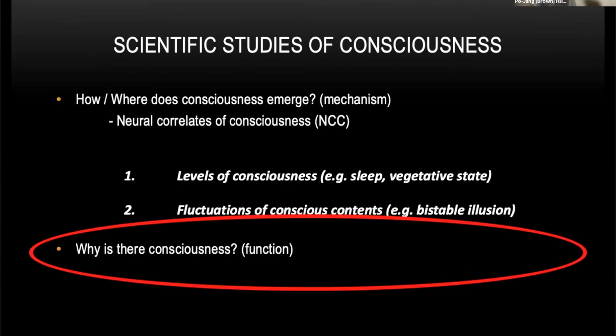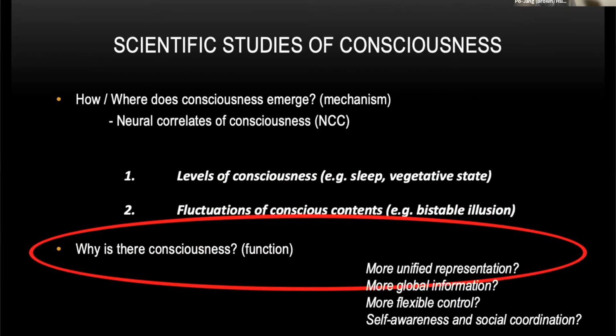With regard to the functions of consciousness, there are actually many different kinds of theories in the field, in the history. For example, some people claim that the function of consciousness is providing a more unified representation. And some people claim that the function of consciousness is about providing more global information, and maybe it's related to more flexible control, and it's also related to self-awareness or social coordination.